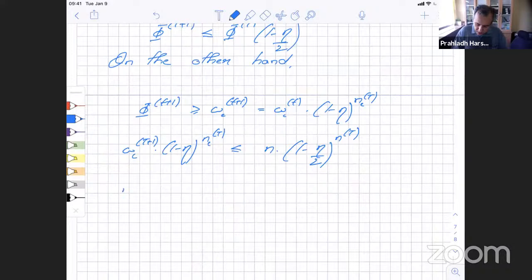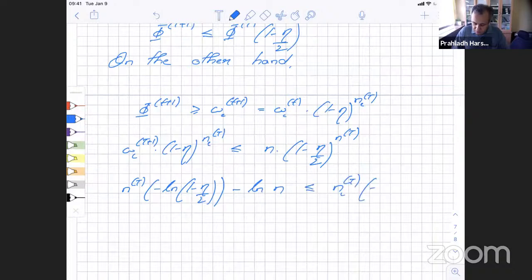So n of t into minus ln 1 minus eta by 2 minus ln n is less than or equal to ni of t into minus ln 1 minus eta.